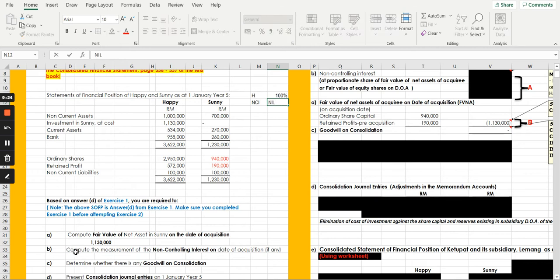I'm asking this question in case you might not understand the concept of non-controlling interest. So if you were asked to compute the measurement of non-controlling interest, the answer will be none or nil. Why? Simply because there is no non-controlling interest percentage.